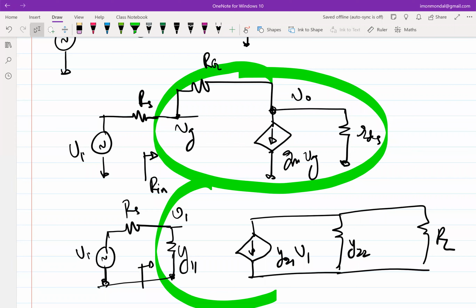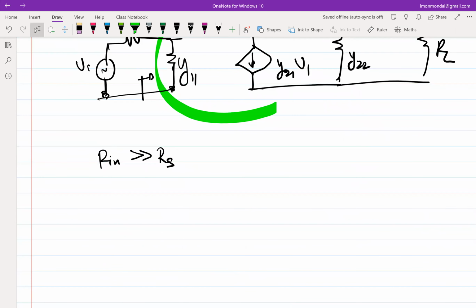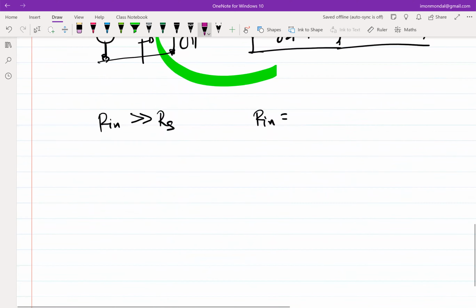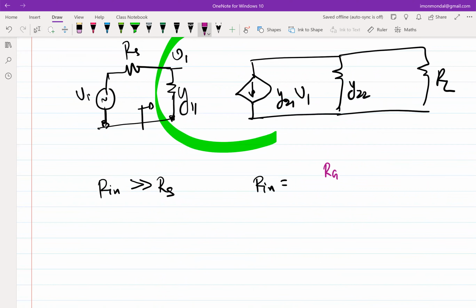It's basically RG plus RDS divided by 1 plus the gain, so RG plus RDS by 1 plus GMRDS.